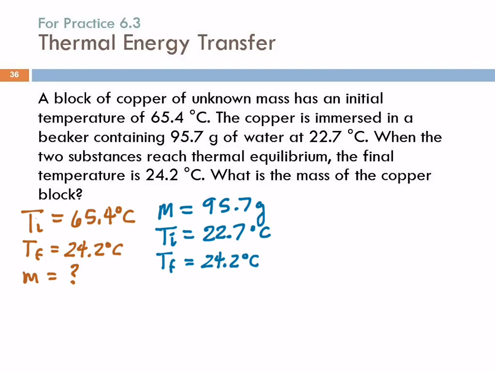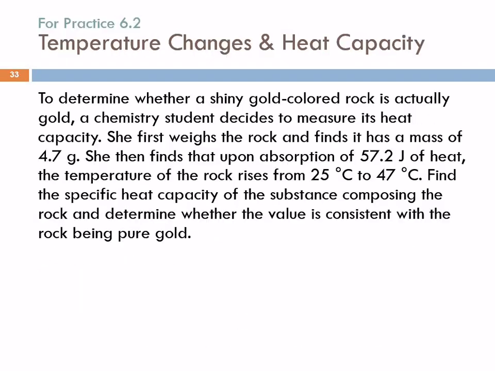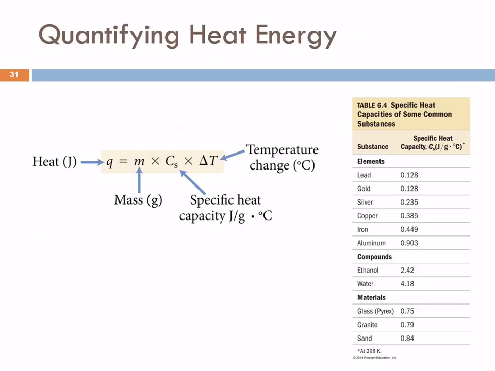We do not have all the information that we need. We also need specific heat capacities for both of these substances. So let's go back to that table and look up the specific heat capacity of copper.